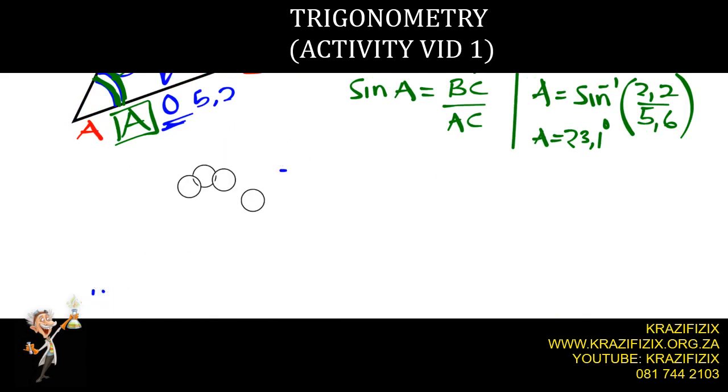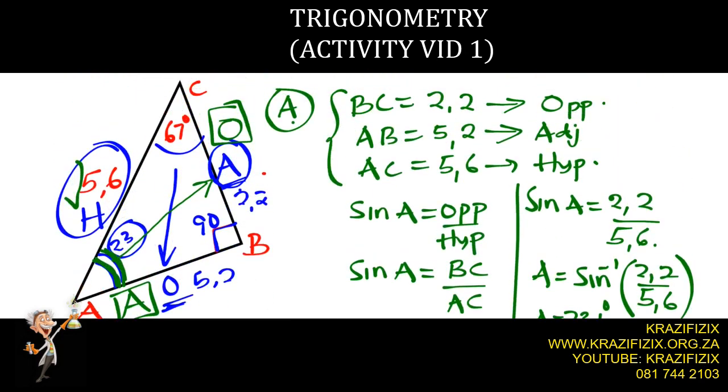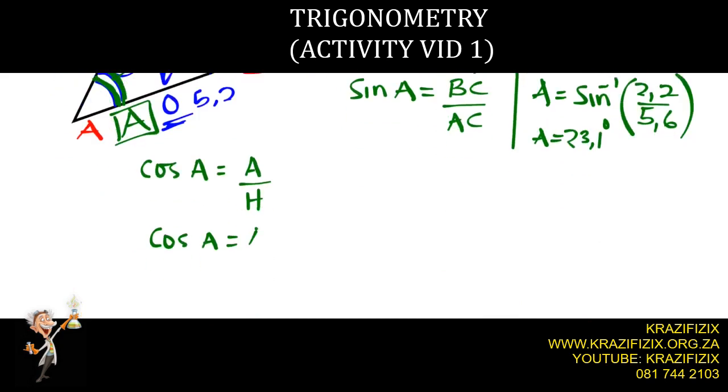Cos A is adjacent over hypotenuse. So what is my adjacent side to A? Let's go check. Adjacent is AB, and my hypotenuse is still AC. So it's basically AB over AC.